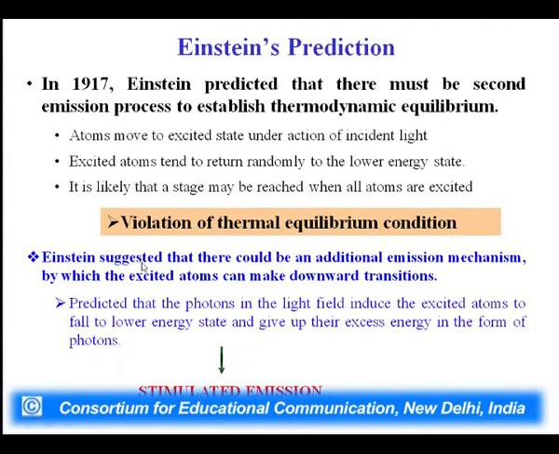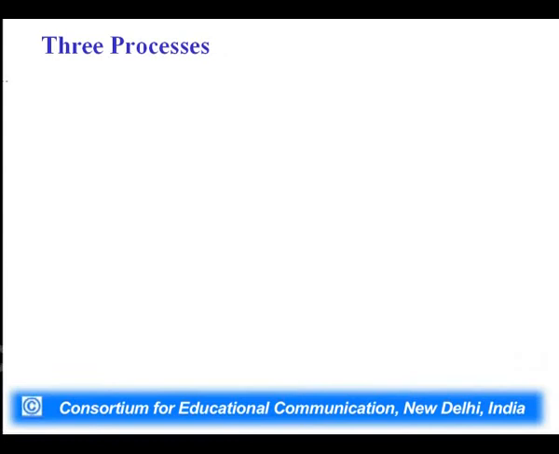Einstein suggested that there could be an additional emission mechanism by which excited atoms can make downward transitions: a photon in the light field induces the excited atom to fall to the lower energy state and give up its excess energy in the form of a photon, and that is known as stimulated emission.